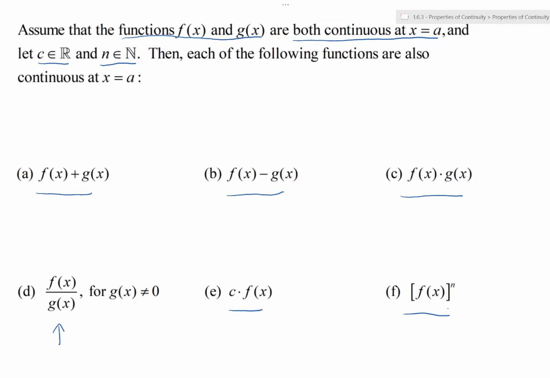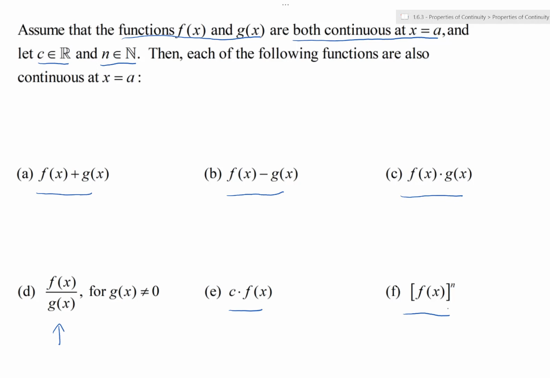Now, just to get an understanding of why that's true, remember we've already established the limit laws. If a function f, and in this case g as well, are continuous at the same location x is equal to a, then of course their limits must exist. That's one of the criteria for being continuous at x is equal to a. The function has to be defined, the limit must exist, and those two things must be equal to each other.